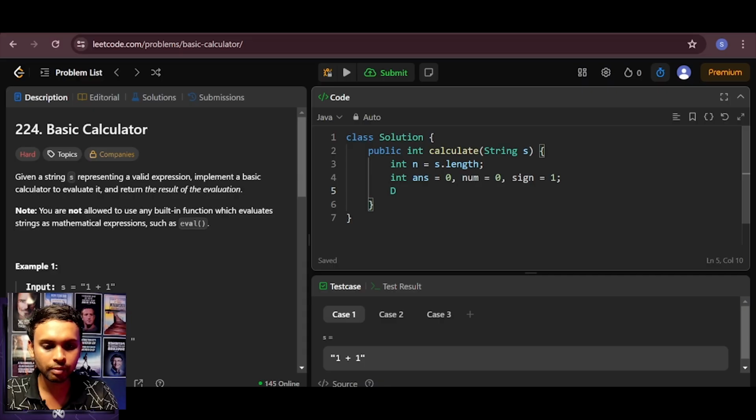And also we will make the stack where we will store the number as well as the sign before the brackets as soon as we get an opening bracket. So it will store what? Integer. Basically we will store the sign in the form of +1 or -1 only, right? Equals to new stack.